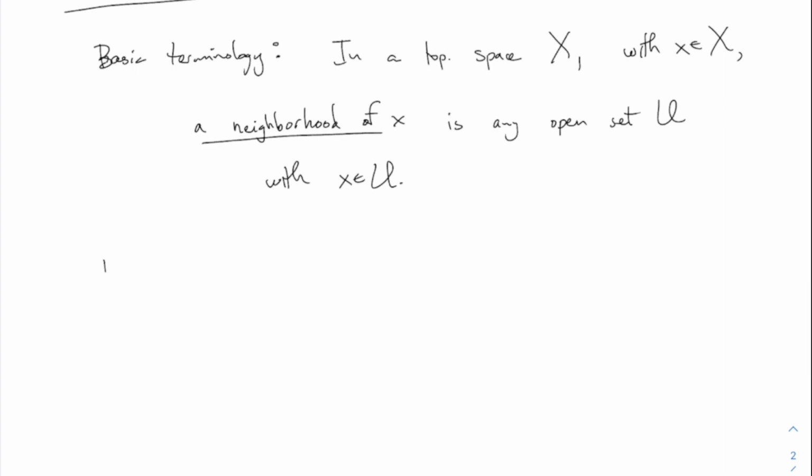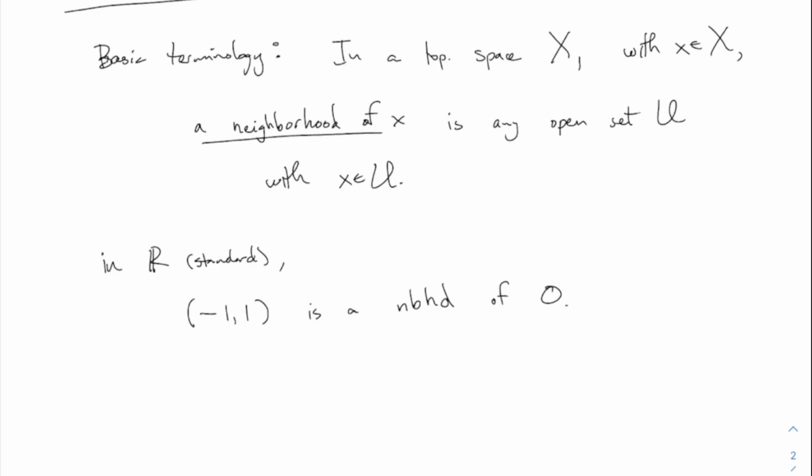So for instance, in R with the standard topology, I want to say something is a neighborhood of 0. How about the interval -1 to 1 is a neighborhood. I'm always going to write nbhd for neighborhood, just because I don't want to write that whole word. This is a neighborhood of 0, right? Neighborhood just means it's an open set which includes that point. It doesn't have to be really small.